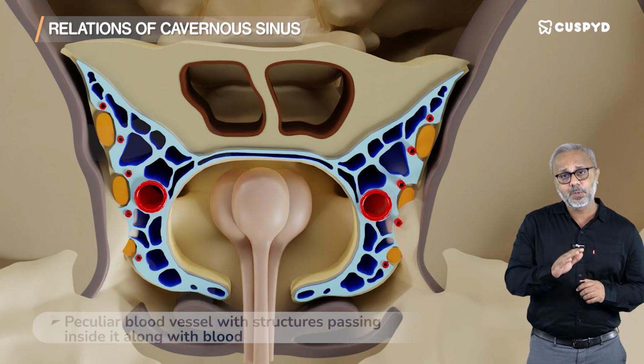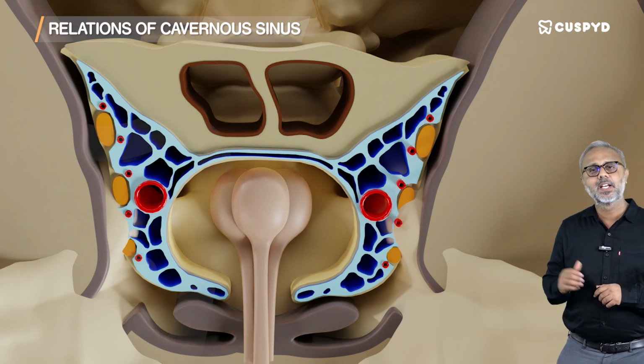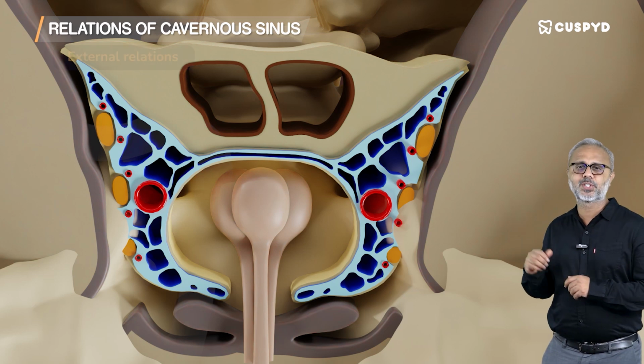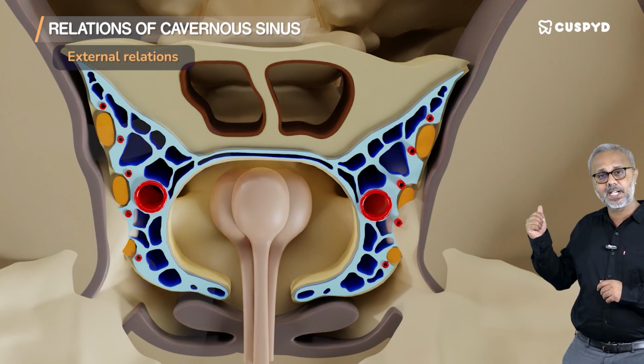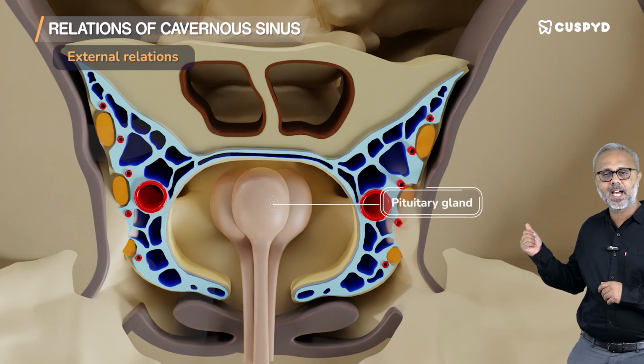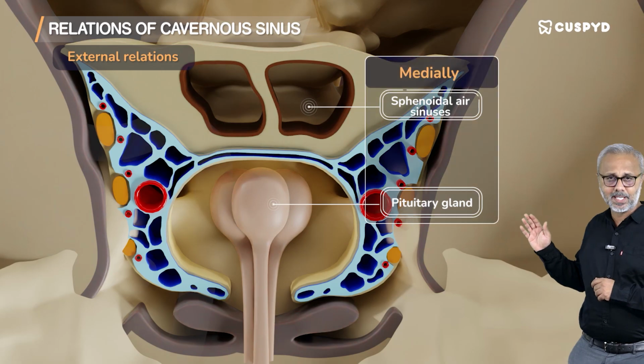But there are few structures which are related to it externally. For example, when we take a look at the external relations of the cavernous sinus, the structures which are related to it medially are the pituitary gland, and below the pituitary gland we have the sphenoidal air sinus. So these structures are related medially.